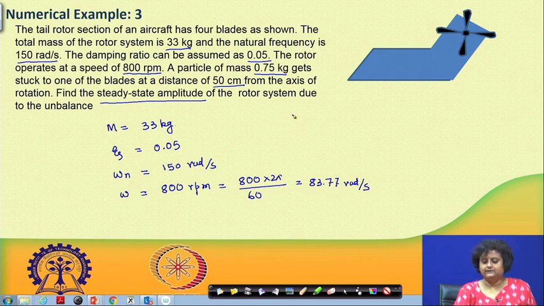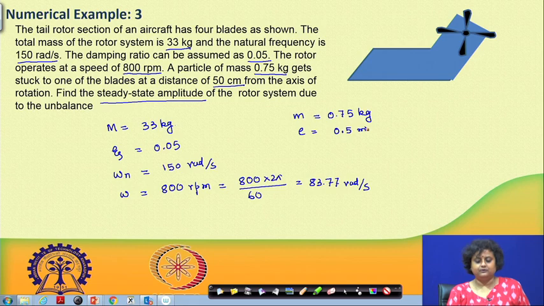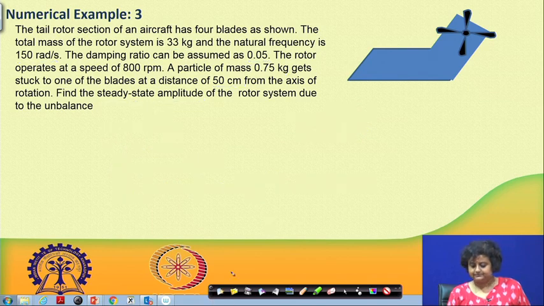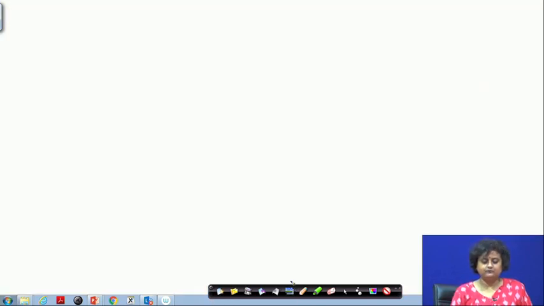And we know that the mass of the unbalance is 0.75 kg, and the unbalanced mass is at a distance of 50 centimeter or 0.5 meter from the axis of rotation, and we need to find out the amplitude of vibration. So, let us try to find out.